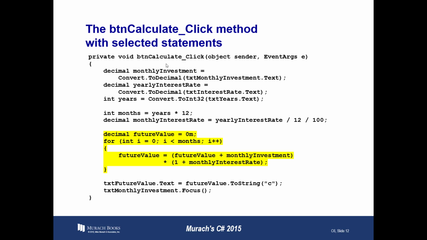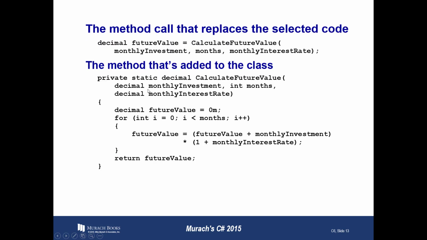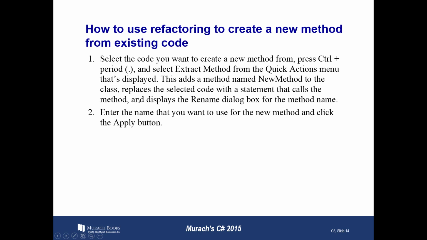So if we put all the code for a calculation in our button's calculate click event, and then we wanted to call it from our menu option, the menu option would be calling the button's click event. That's just poor practice. So we're going to end up writing our own methods to do this. That's what I wanted to get to.